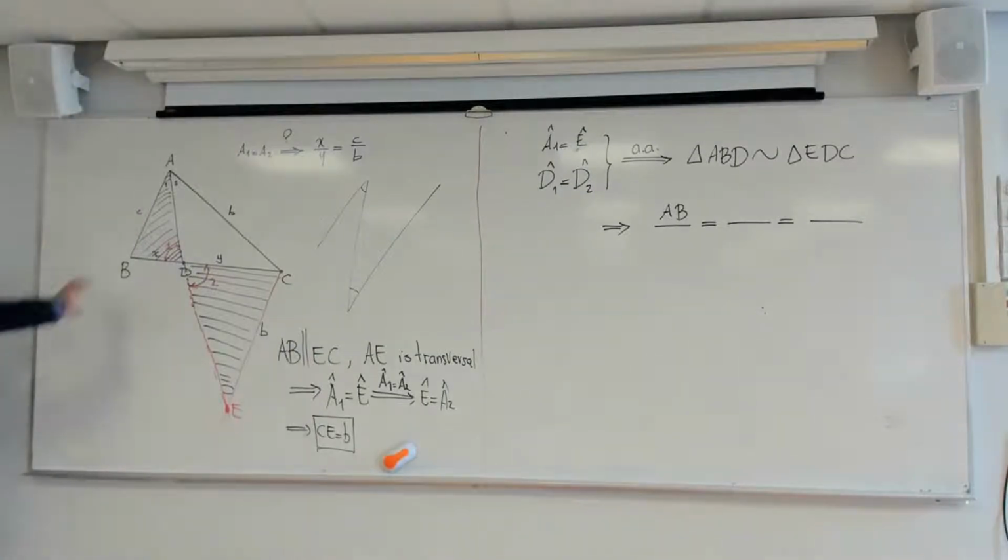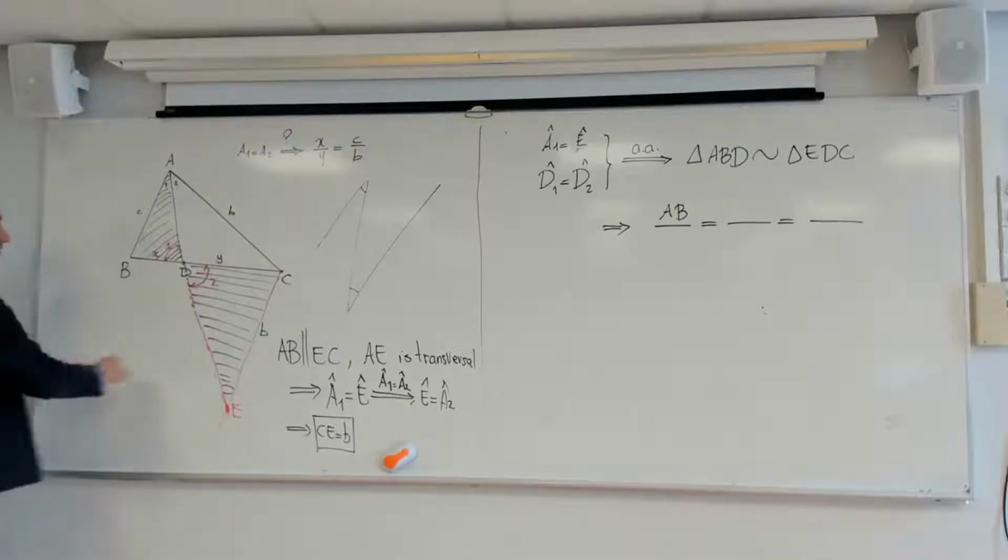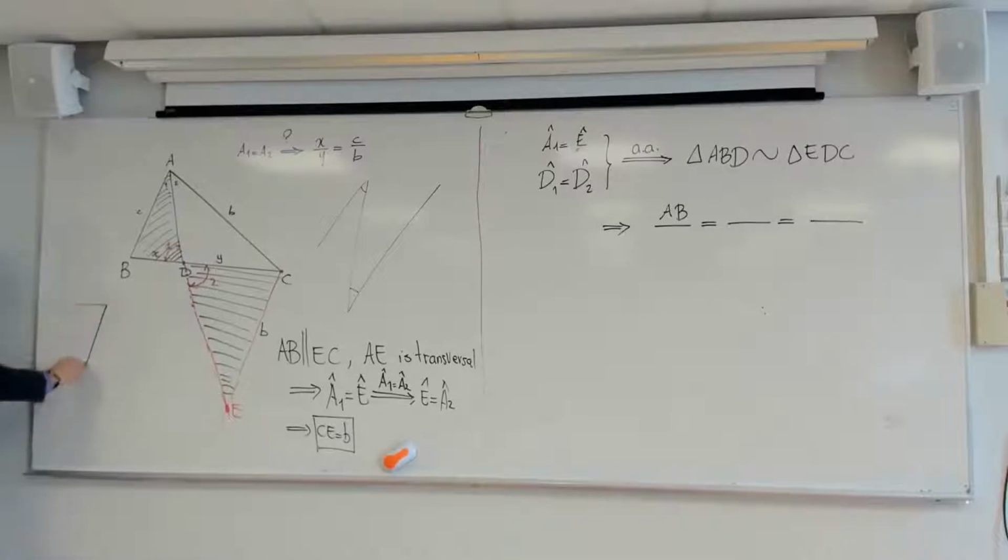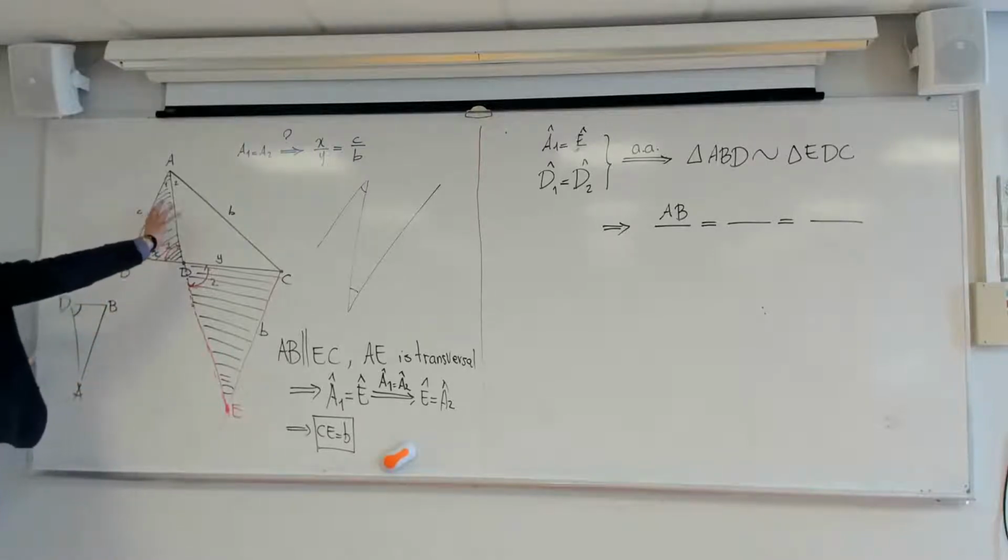In your head, you should be able to rotate it. Because if you rotate it, this becomes something similar to this. So this becomes D, this becomes A, and this becomes B. You need to understand what is going on.